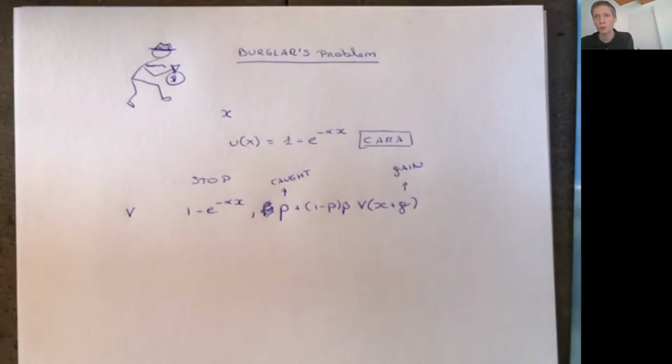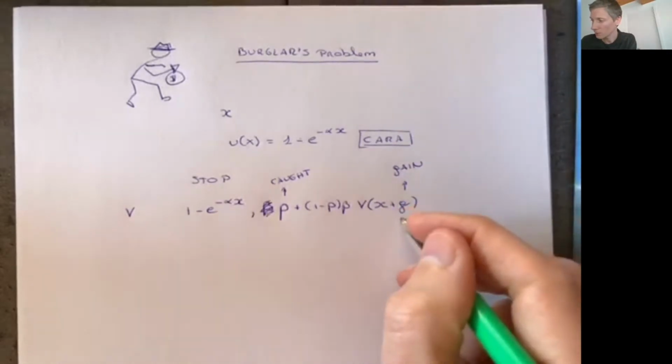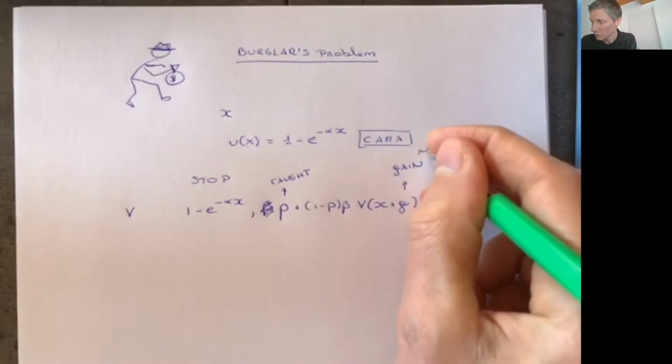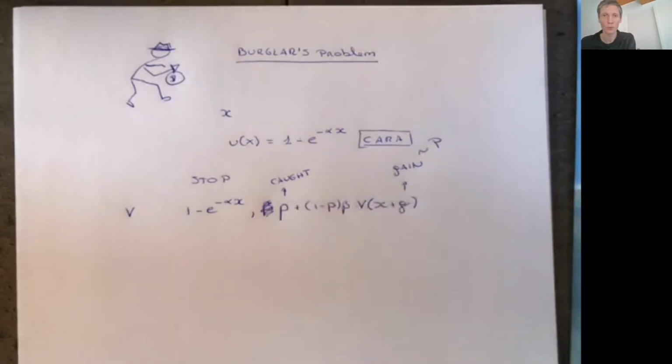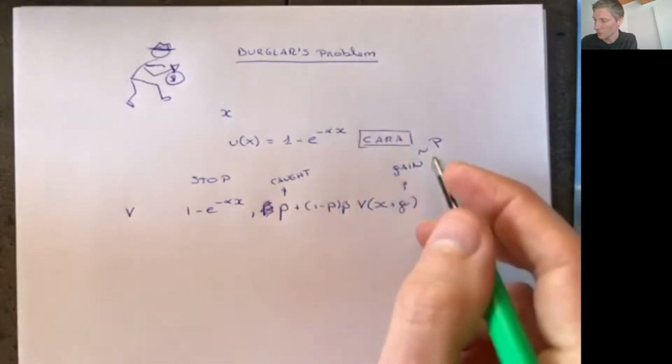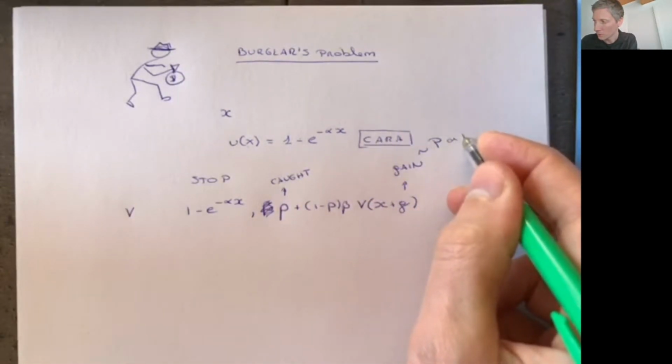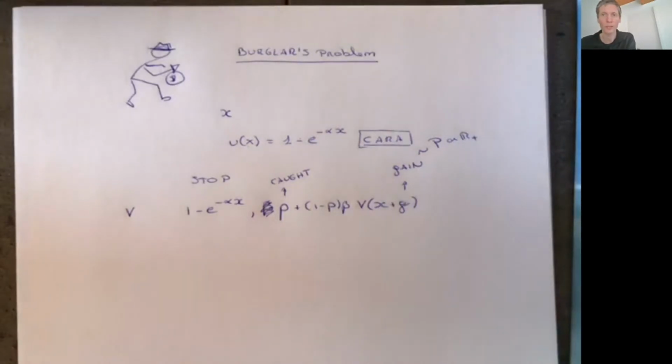We assume that g is random, so one night could be more profitable than another. In particular, g is distributed according to some distribution function p on R plus. So he always gains some money, but the return from stealing is random.